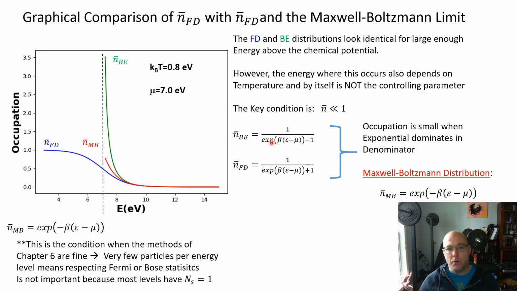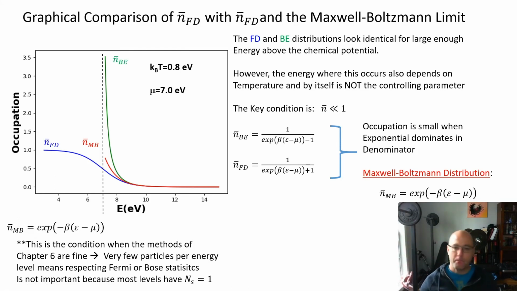To get an n bar much, much less than 1, you need the exponential in the denominator to be the dominant term. In other words, this exponential needs to be much, much greater than 1 so that the denominator is huge, and therefore n bar is small. And that means that whether you have a +1 or a -1 in the denominator is totally irrelevant, and the occupation function is just determined by e to the minus beta (epsilon minus mu).